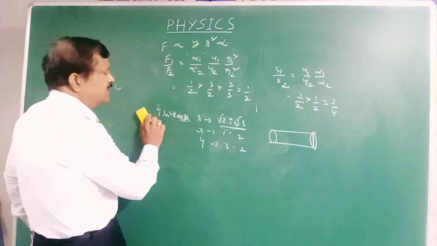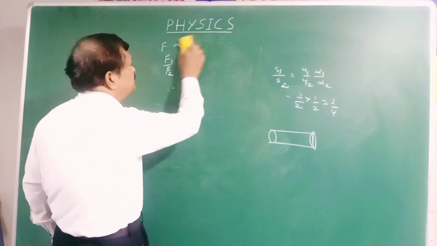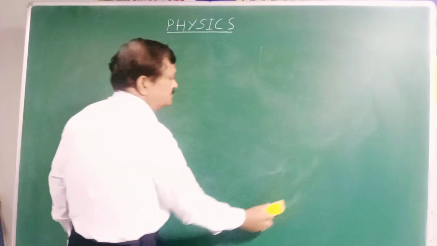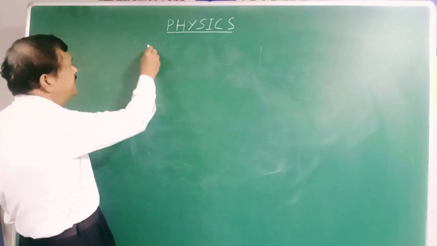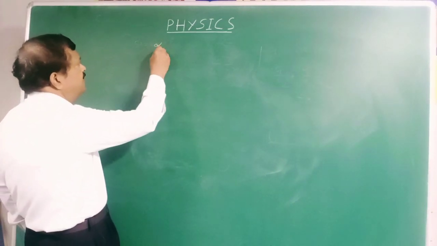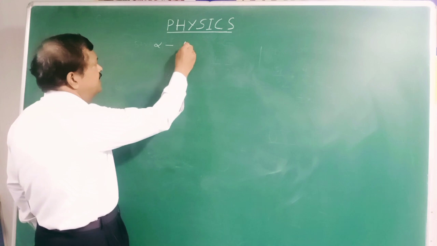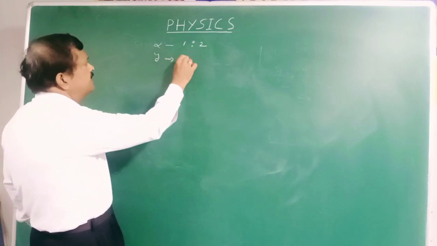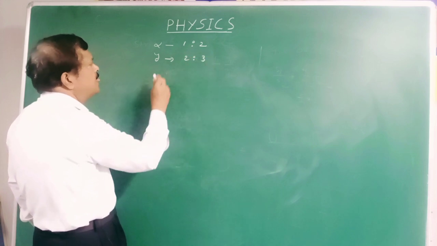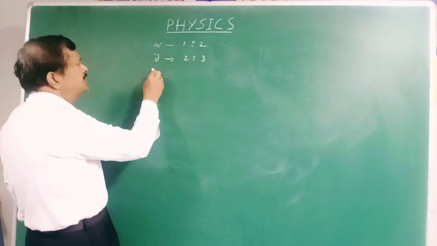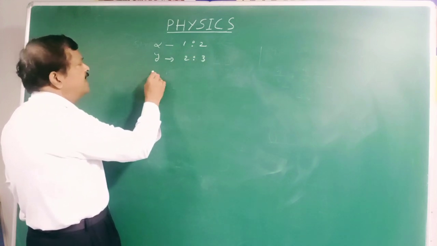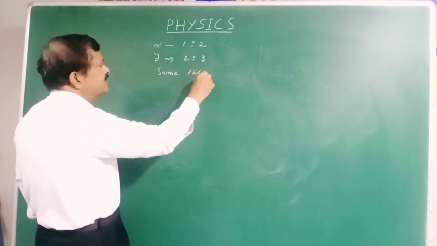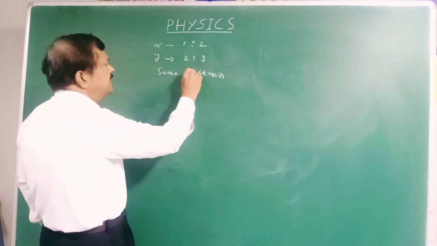Now let us move on to another one. Suppose I am taking two rods of coefficient of linear expansion in the ratio 1:2, Young's modulus in the ratio 2:3, and the rods have the same thickness.